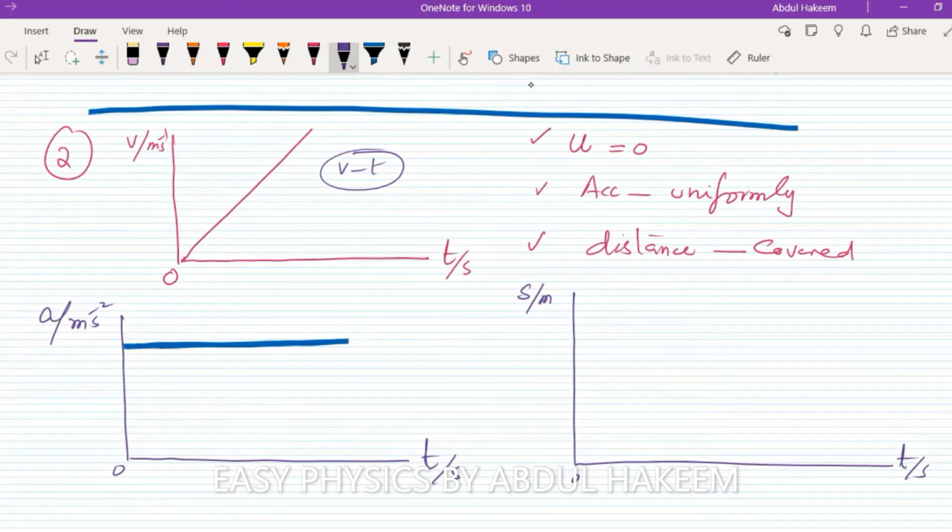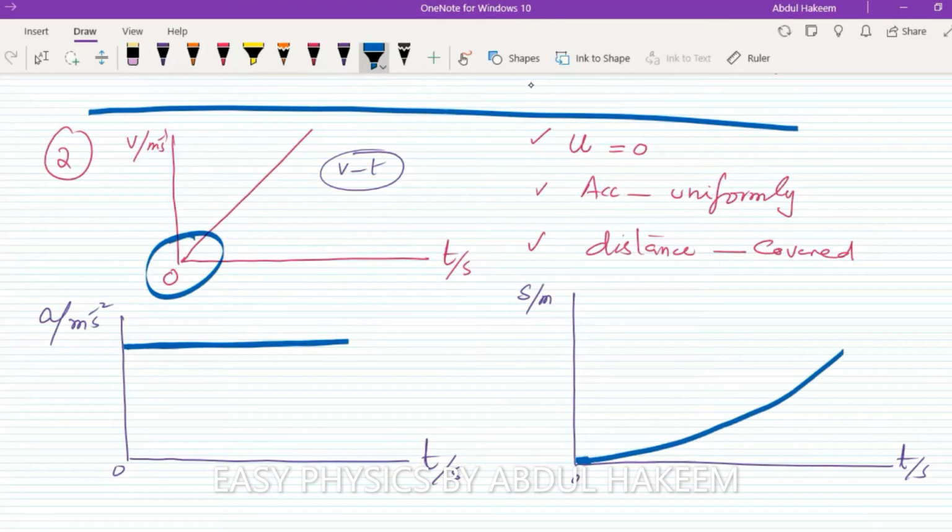Speed is increasing uniformly because acceleration is constant. Initially, the speed is 0. So we have to show initially the 0 gradient, and then we have to increase. It's a curve. So this is the graph for this linear motion.